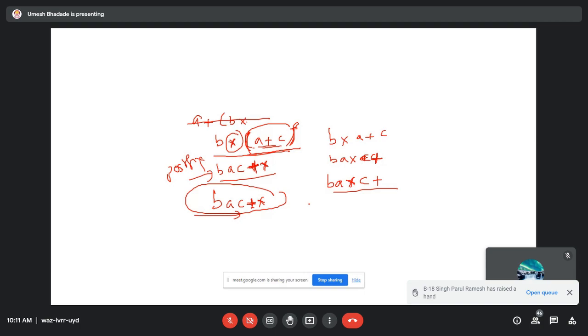So that care is taken. So in any expression, maybe prefix or postfix, you won't find any opening closing parenthesis, because we have treated them during conversion, right?